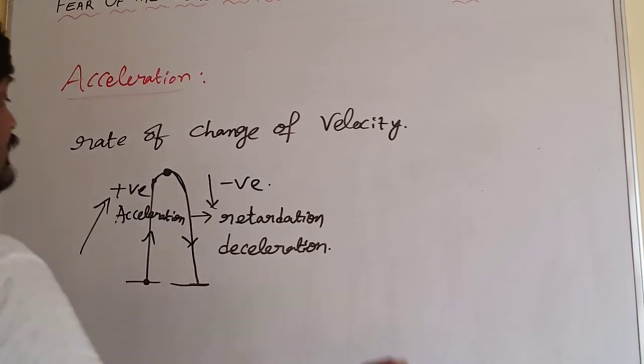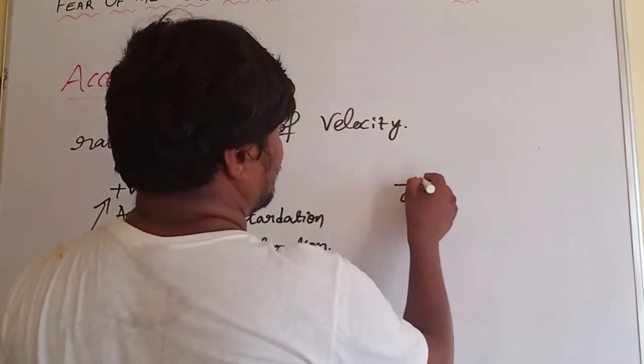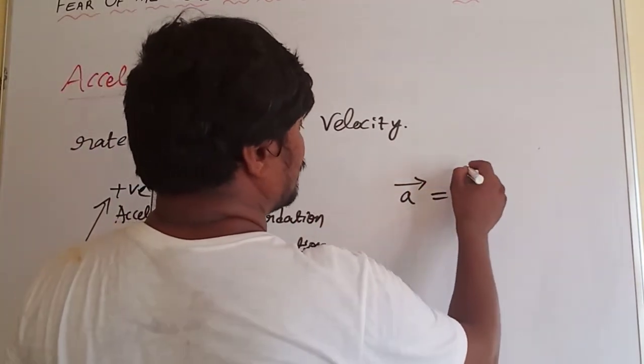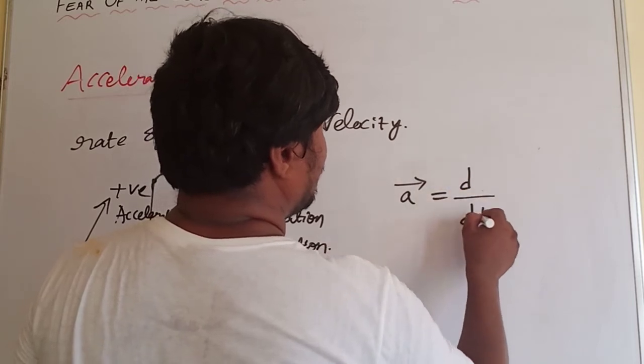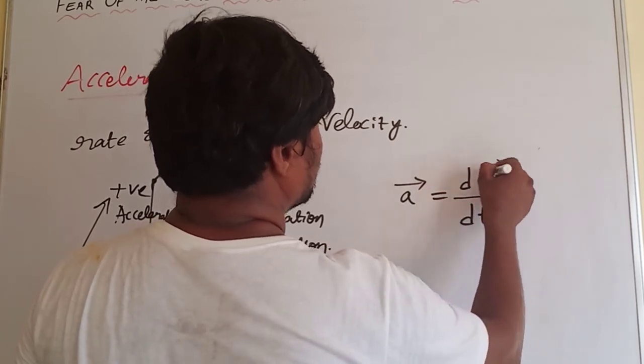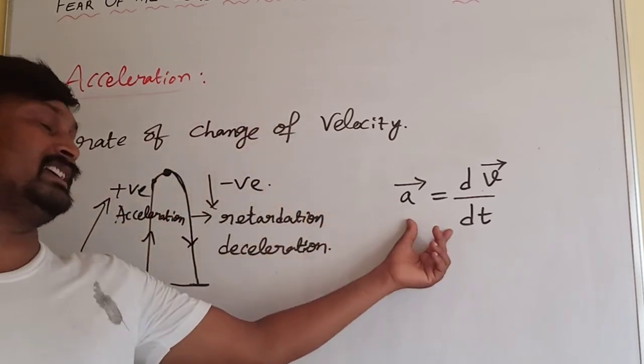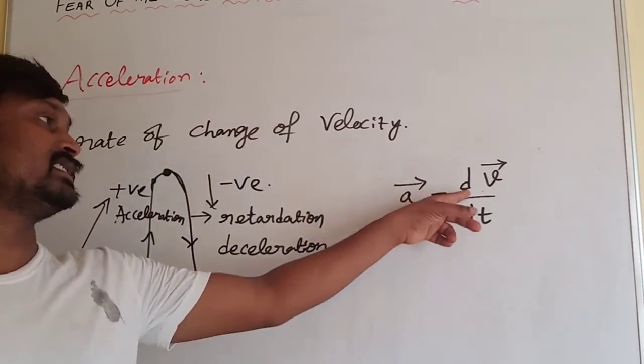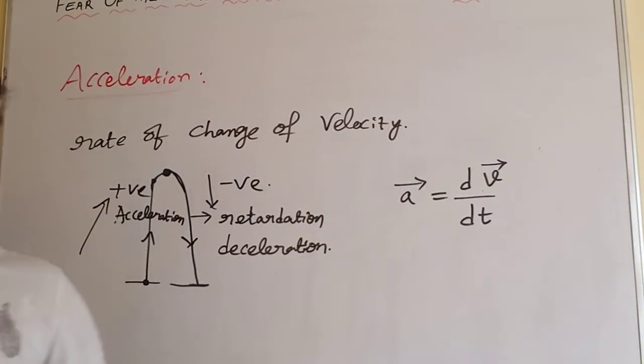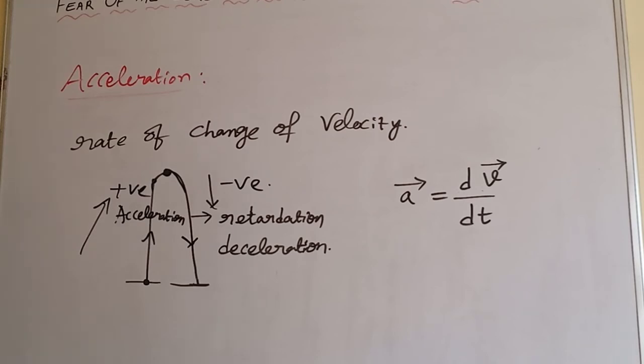The acceleration of a particle at any instant or at any point is called instantaneous acceleration. What is instantaneous acceleration? a bar is equal to d by dt of v bar. That's what I said, the rate of change of velocity. So instantaneous acceleration is dv bar upon dt. You have to remember this. Now, a body can have zero velocity and non-zero acceleration.